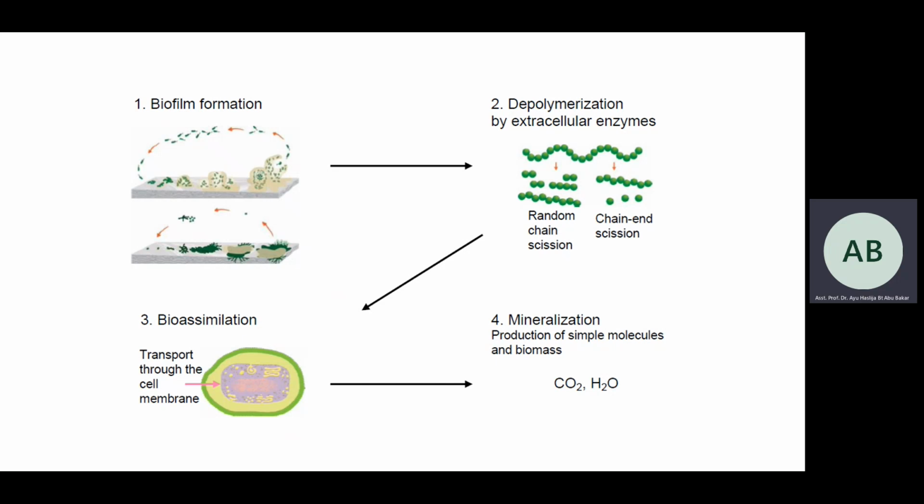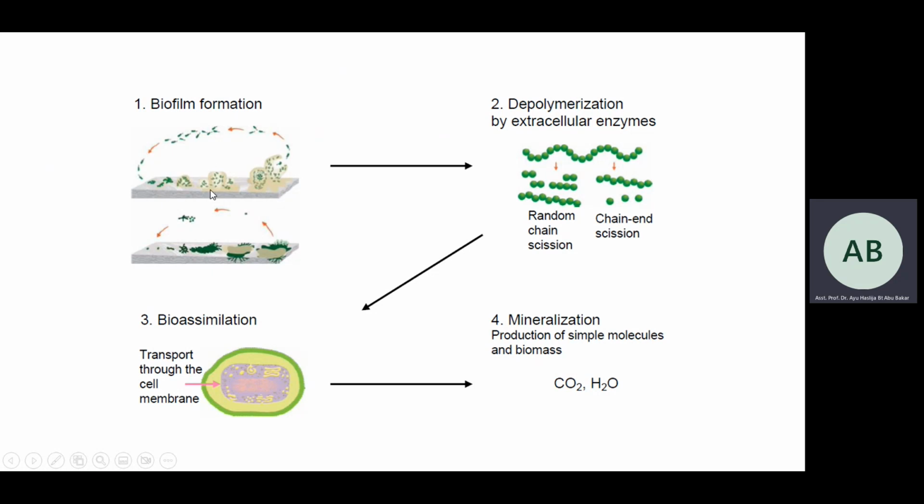Correct. Okay, so girls, focus. This microbial assimilation is when the microbe absorbs the nutrients. This is when the microbe attaches on the plastic surface in enzyme degradation, then it will form the biofilm.